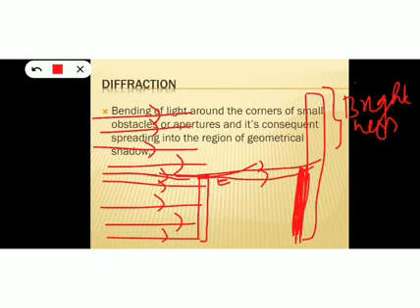Brightness is obtained because the light ray directly reaches the screen like this. So this bending of light around the corners of small obstacles or apertures and its consequent spreading into the region of geometrical shadow is known as diffraction.